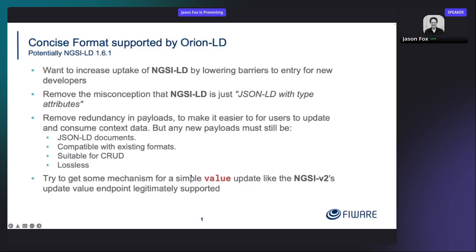Right. So one of the things which is potentially being added in to the NGSI-LD 1.6.1 specification, which is, I believe, formally due out September, October, probably about the time of the FIWARE Summit, is to introduce or rather formalize a new concise format for your NGSI-LD payloads.